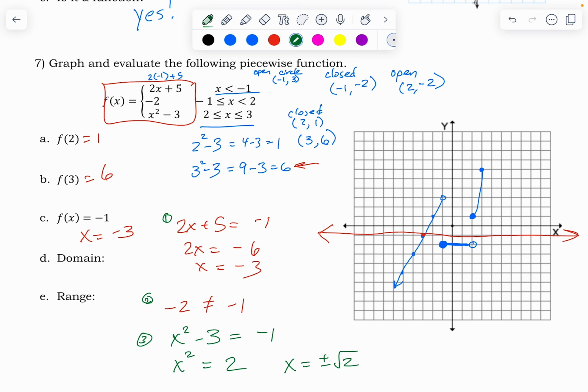What happens here is the graph is coming down and it hits this down here somewhere, but it's not the piece that we want. So this was when we used piece 3, when x was on the interval from 2 to 3.